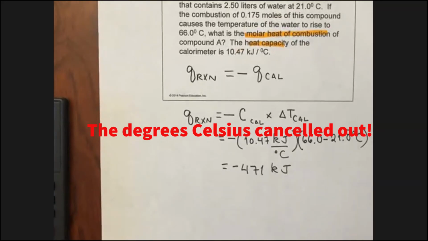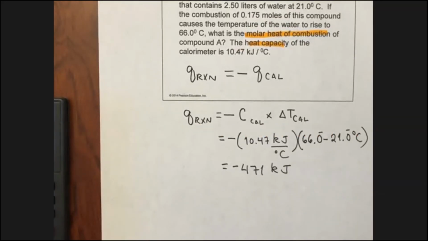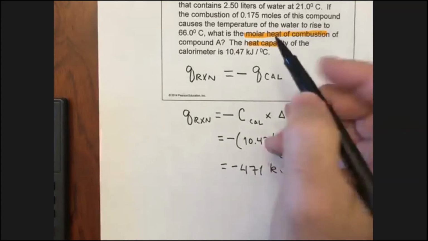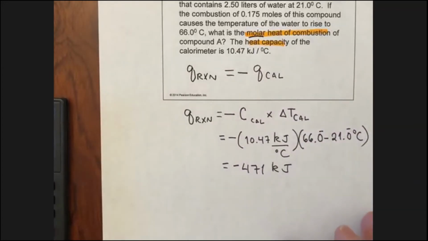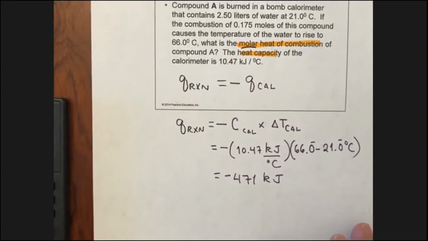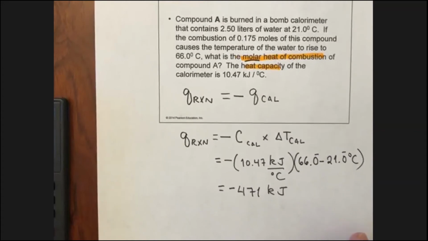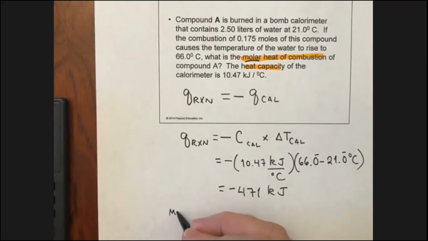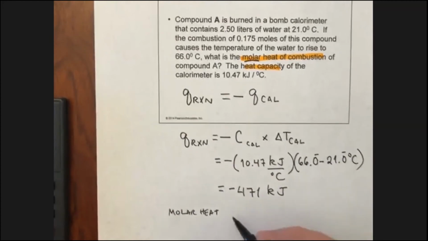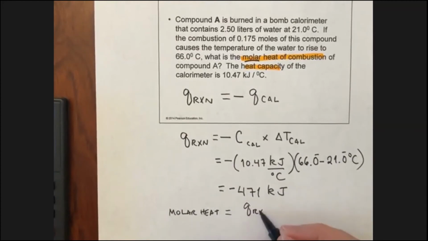Okay, so we know how to do this already. However, there's something interesting about the question. It asks for the molar heat of combustion. And what that means is how many kilojoules per mole are released by this reaction of compound A. So the molar heat of combustion would be whatever the reaction transacted here divided by the number of moles of substance we had in there.